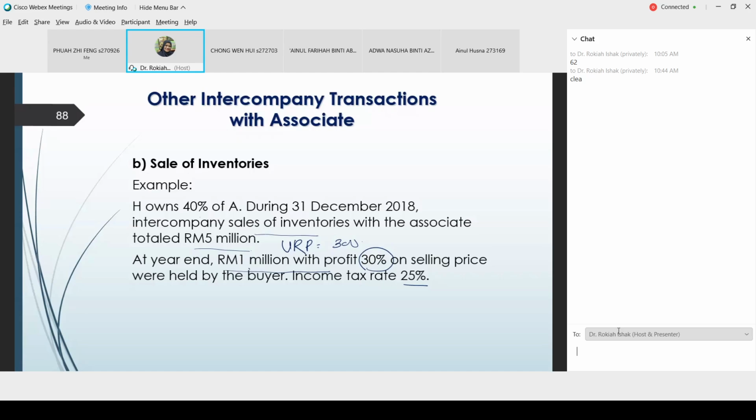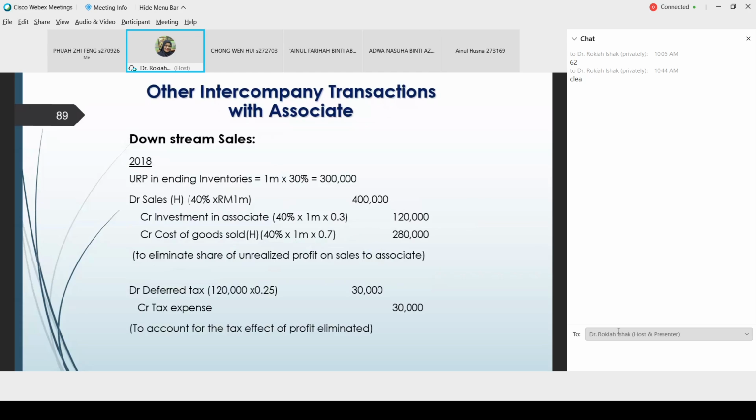So to recognize the URP for the downstream sale, 1 million remains in the ending inventory, so you have 300. From that 300, you're going to debit sales. Sales here is only 40% of 1 million, so 400.